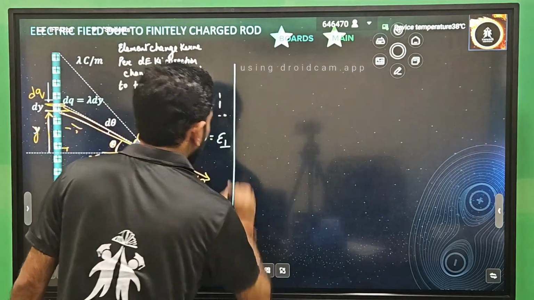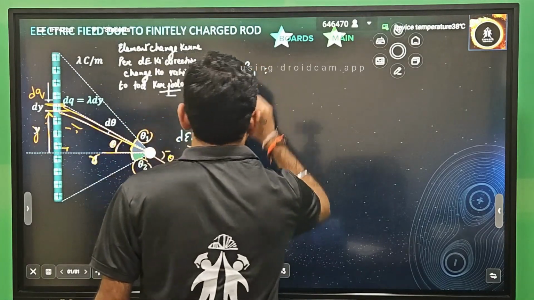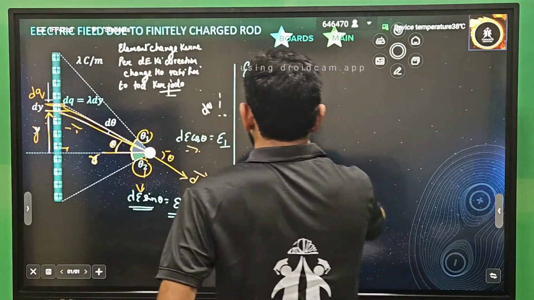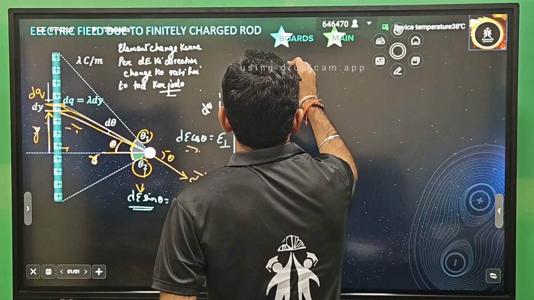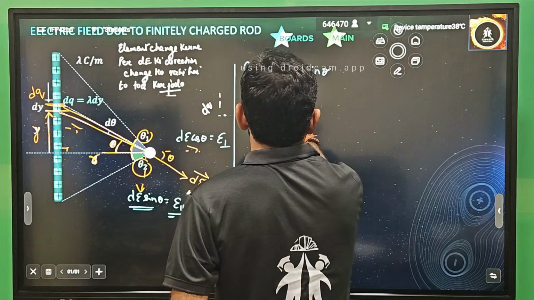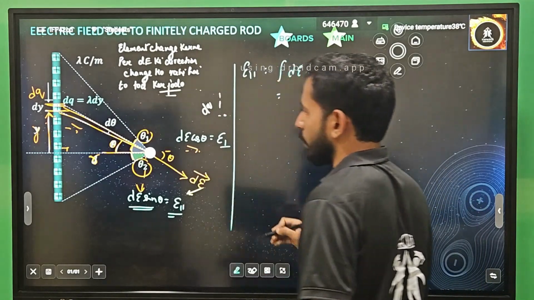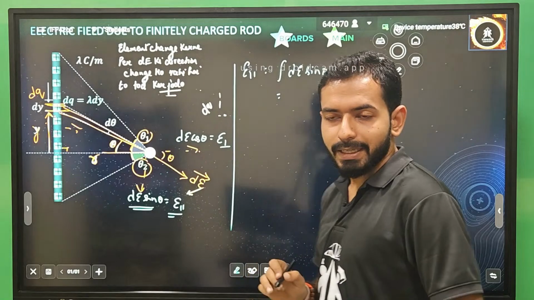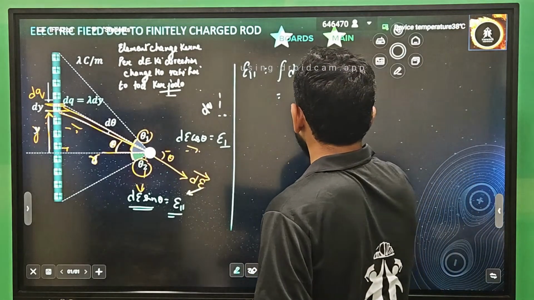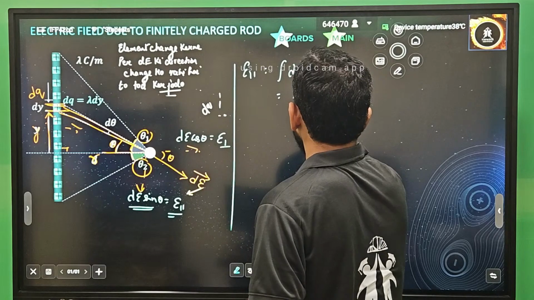Okay, let's firstly understand what you can write for the electric field that is parallel to the body. You have to do the integration of dE sin theta, correct? Now tell me how you will write dE. dE is the small electric field. What is the formula? K q divided by r square. Okay, K dq divided by r square.